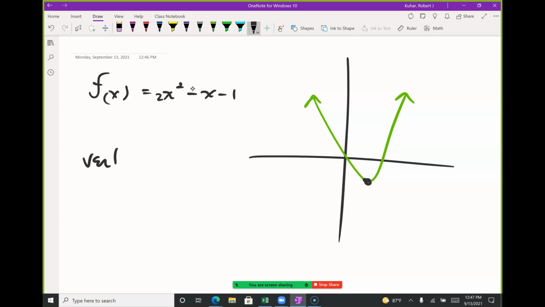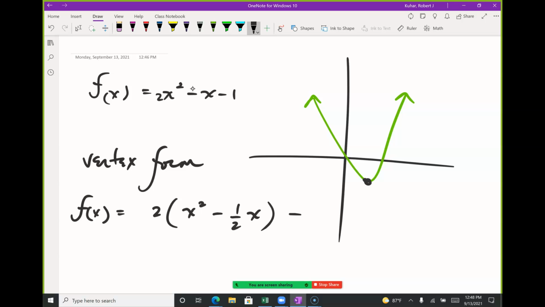So vertex form. What I do is I factor out the 2 from the leading coefficient, the leading term. And when I do that, I get x squared minus 1/2 x. And it's really easy to see if you multiply that back through, you've still got the same function, right?